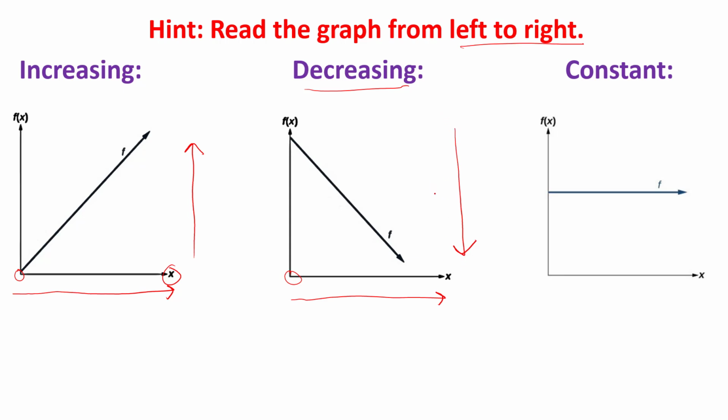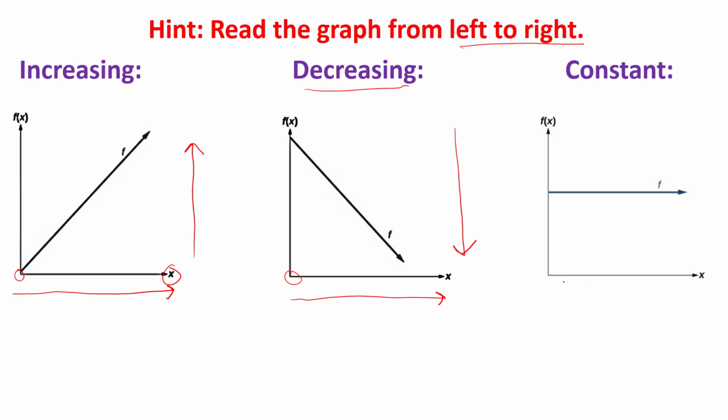Now that one tends to be a little bit harder of a concept for people to buy, because how can something increase and decrease? It all deals with movement on the graph. The x values are moving to the right, so my independent value is continuing to grow. And because my independent value is continuing to grow, it is having a negative impact on my dependent value.